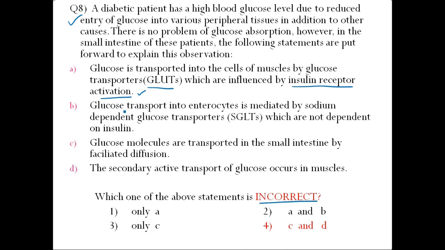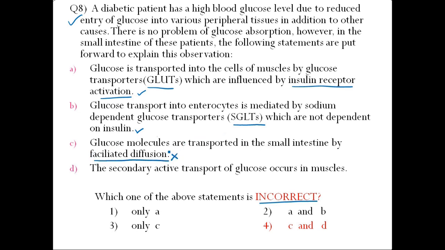So this is correct. Glucose transport into enterocyte is mediated by SGLT, which is not dependent on insulin. This is also correct. SGLT is not dependent on insulin, and this glucose is transported into the enterocyte by SGLT, which works on the secondary active transport process. Next, glucose molecules are transported into small intestine by facilitated diffusion.